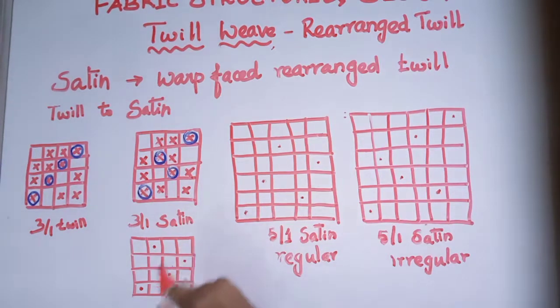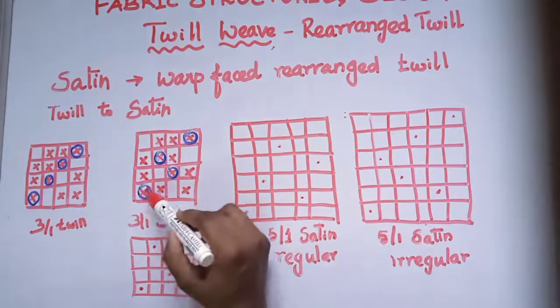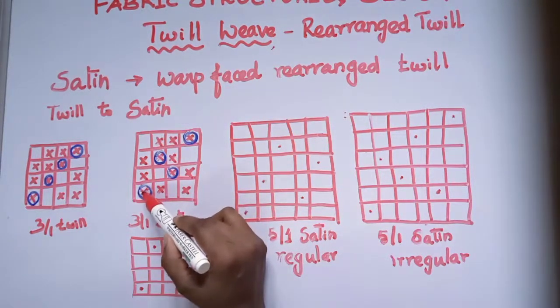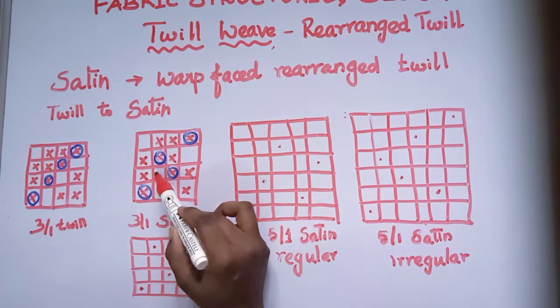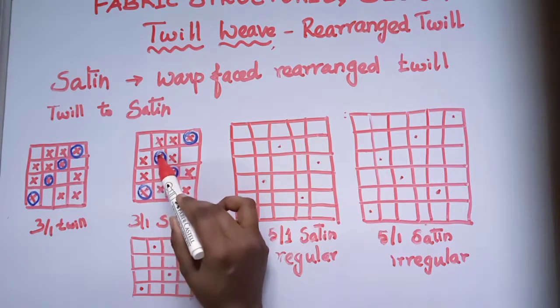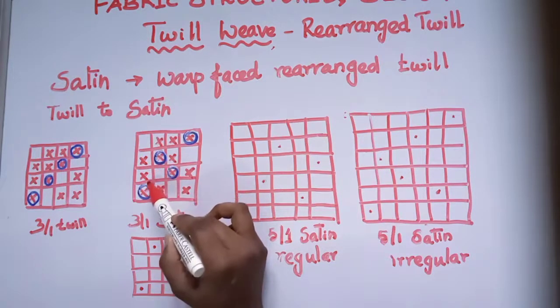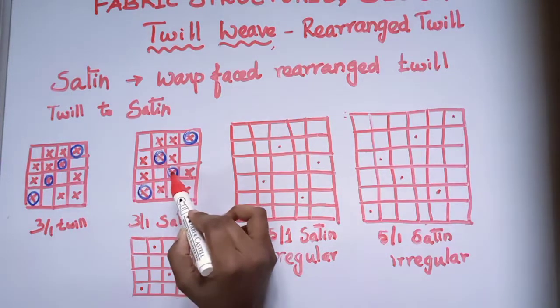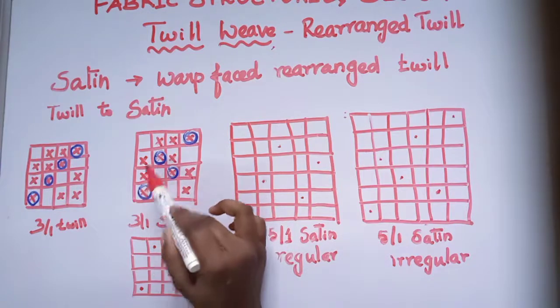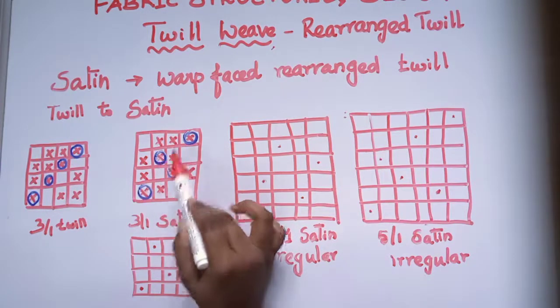So we can change the starting point irregularly also. Here the starting point is 1, then one skip, so instead of 2 the starting point becomes 3. Then instead of 3 there is a one skip, that is 4.